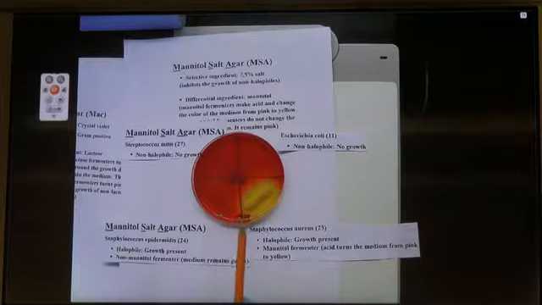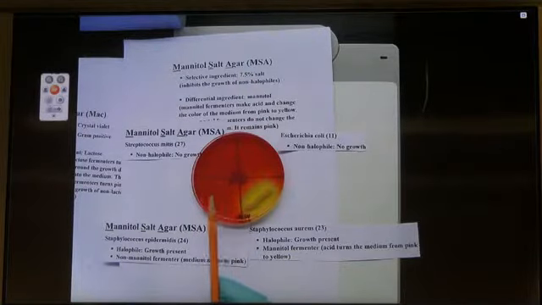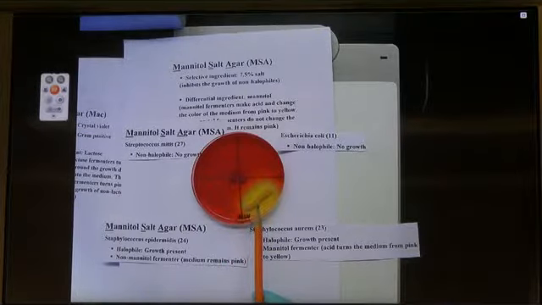So that's how we differentiate between the bacteria on this medium. Differential ingredient, the sugar mannitol. One bacteria ferments, the other one does not ferment. Okay. Both are staph, one pathogenic, the other non-pathogenic. This is the normal flora of our skin, Staphylococcus epidermidis 24. This is Staphylococcus aureus, fermenter.